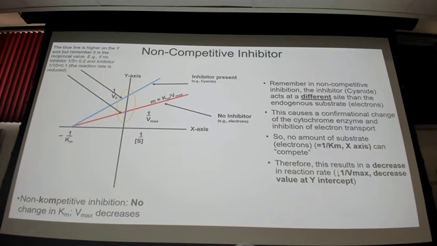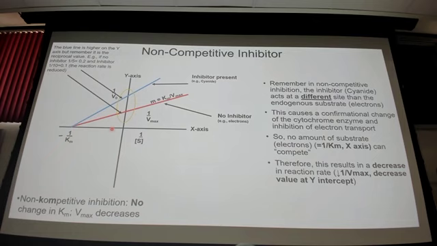But we see that the y-intercept is different, right? So that means the Vmax is different. If we're just looking at this graph, it looks like this blue line with the inhibitor is greater, since it's higher on the y-axis than the no inhibitor. But we know that Vmax drops in non-competitive inhibition, right?